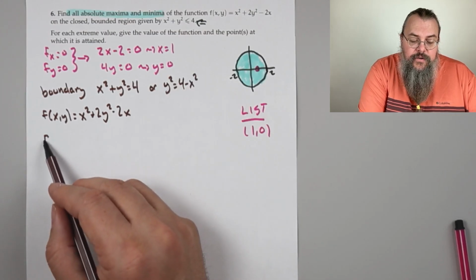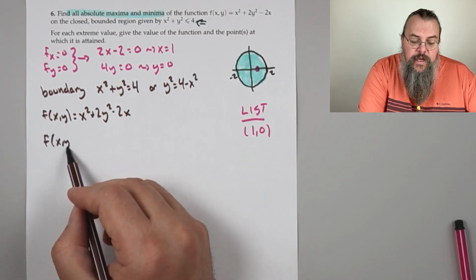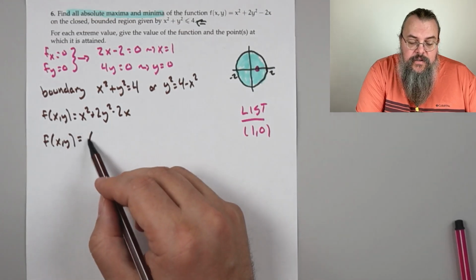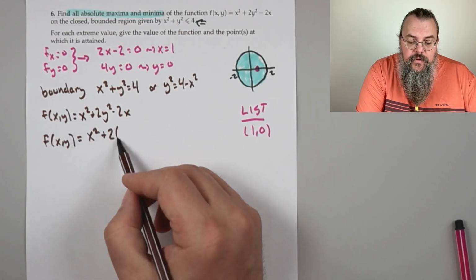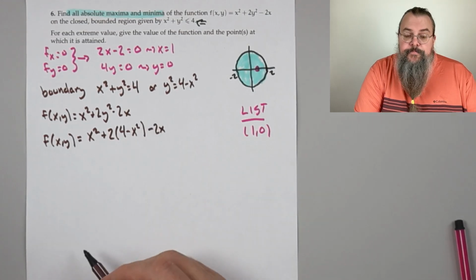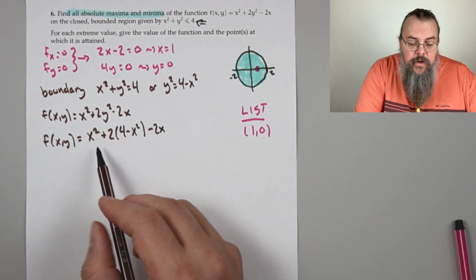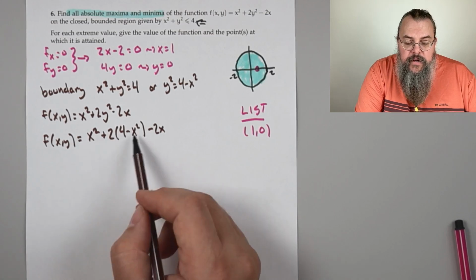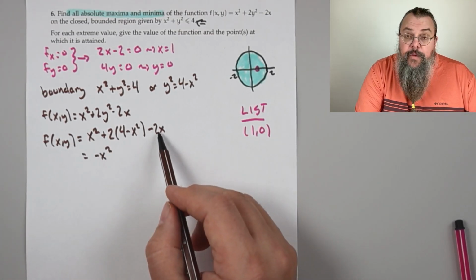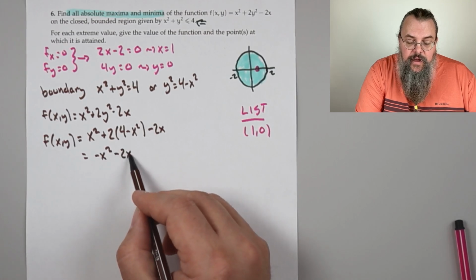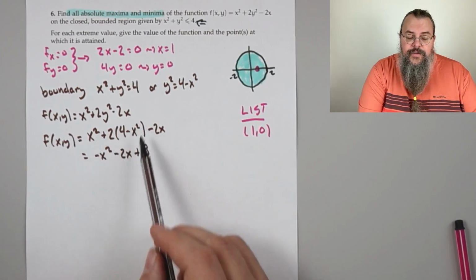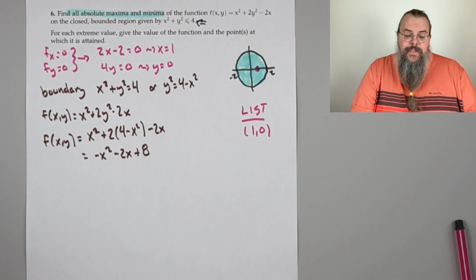So on the boundary, our function looks like x squared plus 2 times 4 minus x squared minus 2x. Well, x squared minus 2x squared, that's minus x squared. Then we have minus 2x, and then we have plus 8. So distributing the 2 across and rearranging.